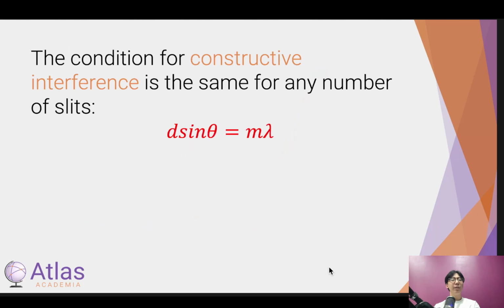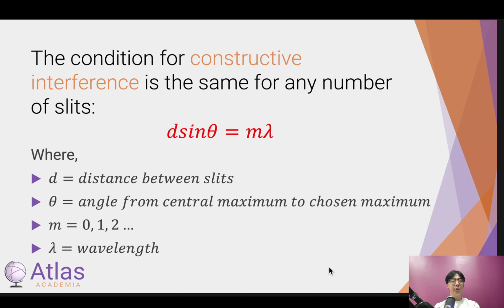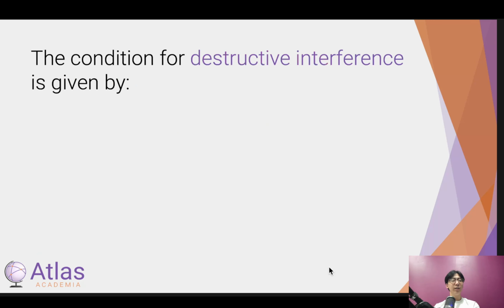So remembering that the condition for constructive interference is this, when the path difference is an integer multiple of wavelengths. And we just proved that this is true no matter the number of slits. Right? This is always true. Okay, so I'm going to show you the relation. It turns out that for destructive interference, it can be shown that the condition is given by the path difference is equal to k on n lambda. You can see this to be true.